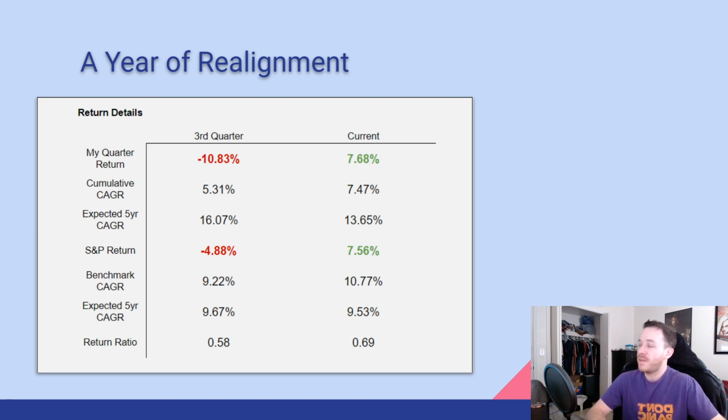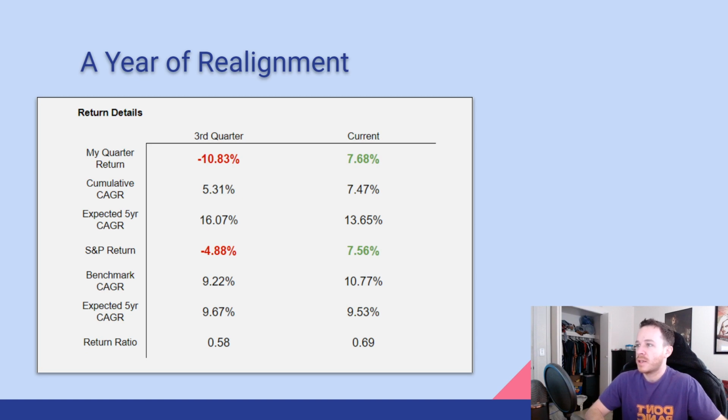Comparing that to the S&P 500 on a dollar comparative basis, assuming that when I deposited money, I had also invested in the S&P 500 at the same time, I would have earned about 10.75% or so comparatively. So I am underperforming by over 3% per year on that basis. So we're still significantly underperforming the S&P 500, which is what we don't like to see. But again, I think I will in the long run start to outperform, and that's a small enough underperformance that I'm okay with it as is.